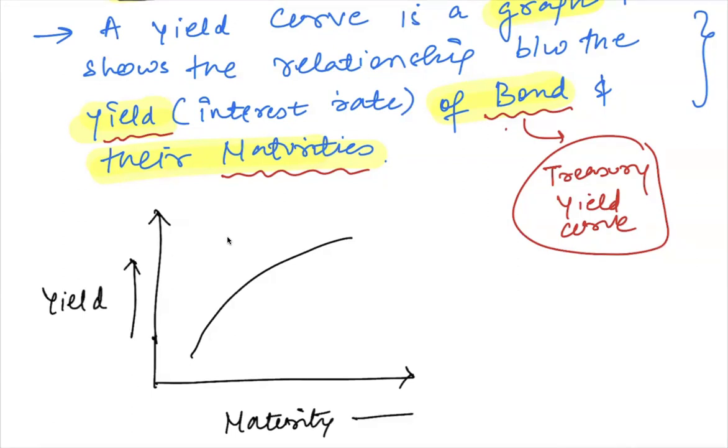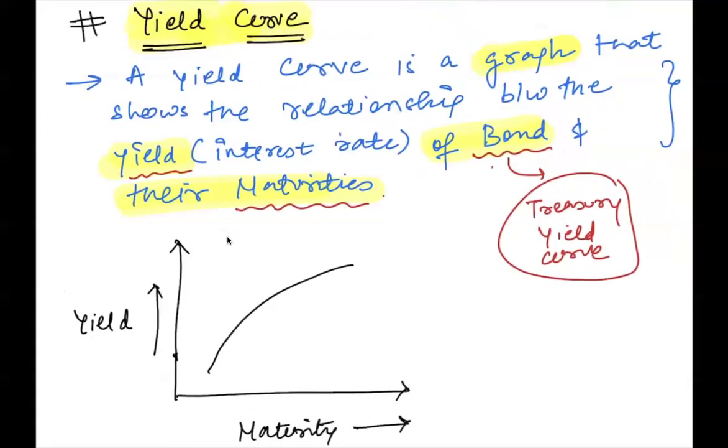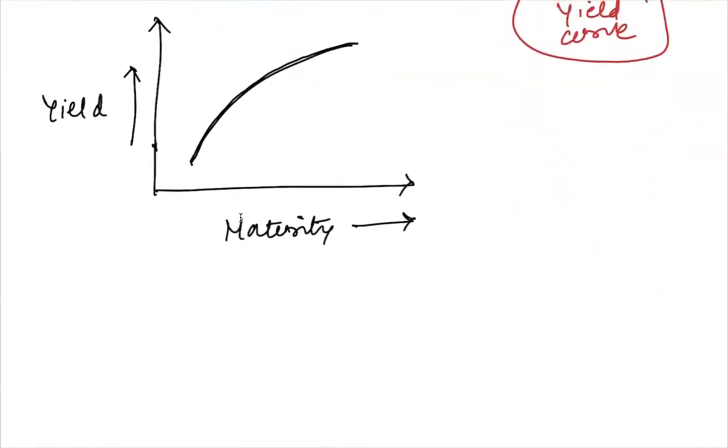This is how a yield curve looks, and this is what we will try to model using different mathematical models. We'll also take live data, so that you understand and appreciate it even better.